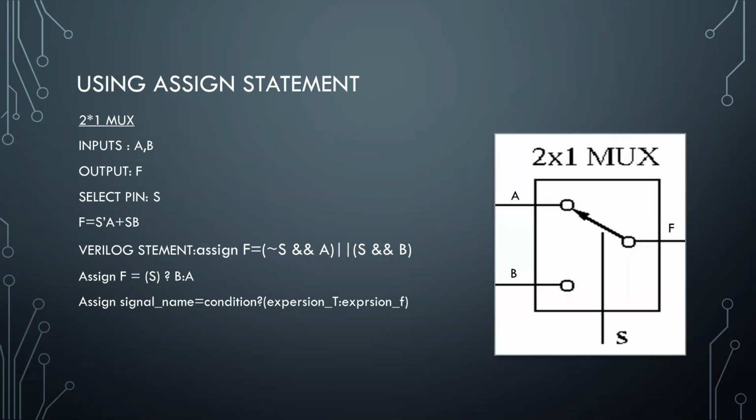First, we can see how we can model a 2x1 multiplexer using the assign statement. A 2x1 mux will have 2 inputs, A and B, and the output is F. We are giving the select pin as S. The Boolean function is F = S'A + SB.